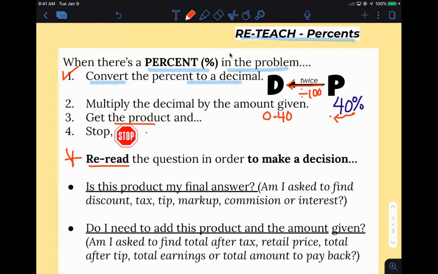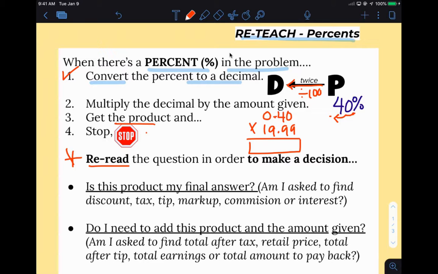Sometimes when you multiply, let's say 0.40 times 19.99, the answer that you get here might already be your solution to the problem.